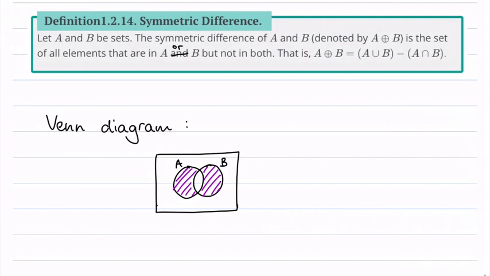I think we should probably actually have an OR here. So this is a set of all elements that are in A or B but not in both. And you can write this using unions and intersections. So if you think about what we're doing, our symmetric difference, which is indicated by this plus sign in a circle, is A union B minus the intersection.